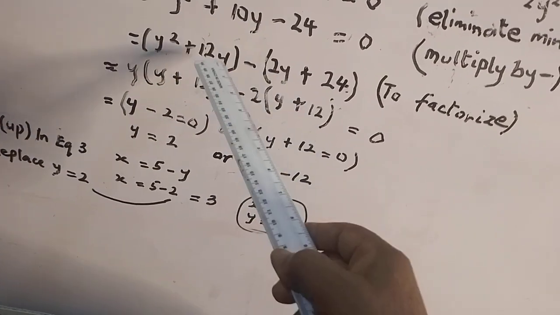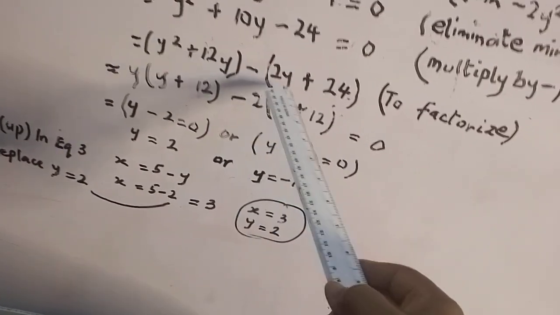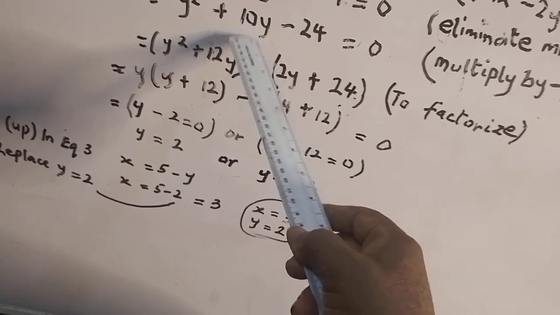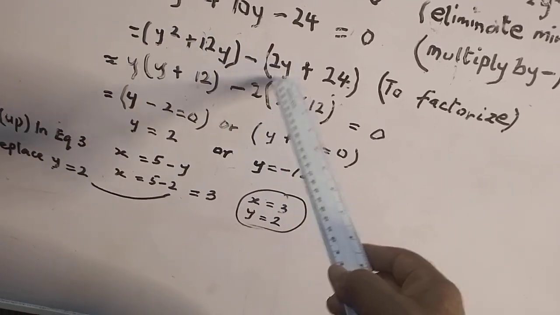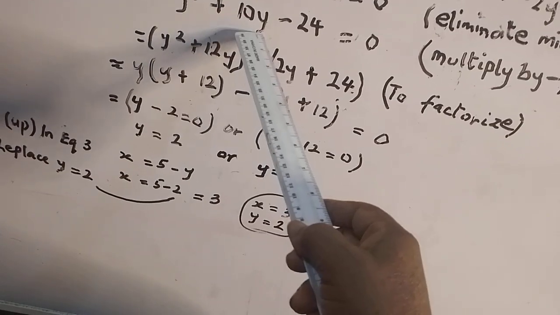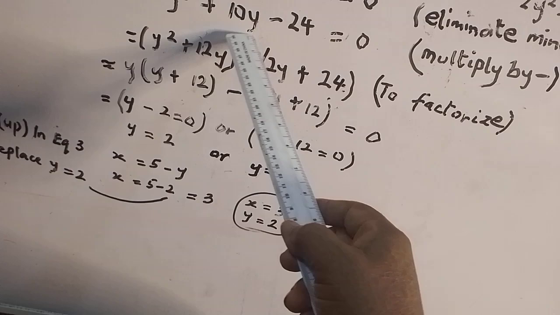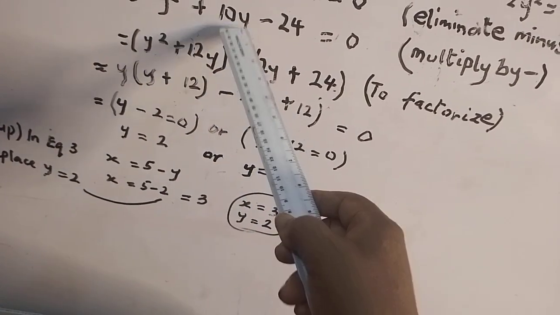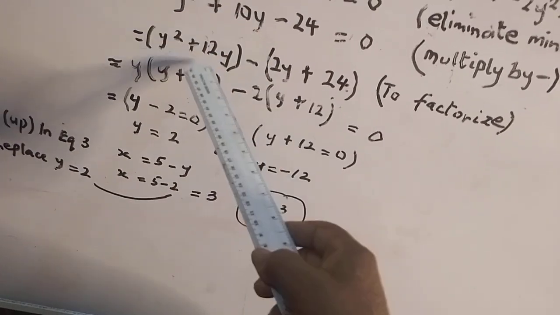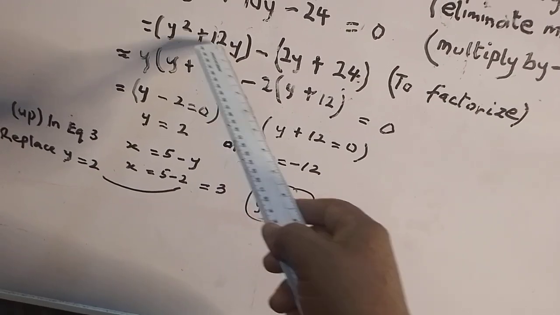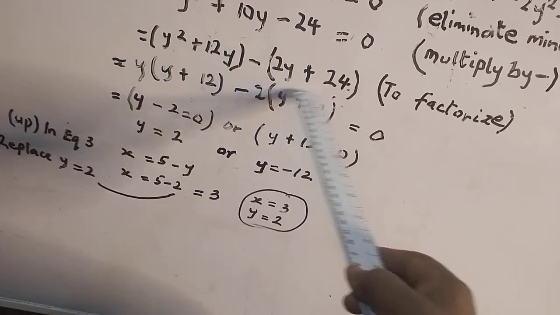They are all y. The two values here refer to y because of this 10. So 12 minus 2 is y, to 10y, plus 10y because it's positive.